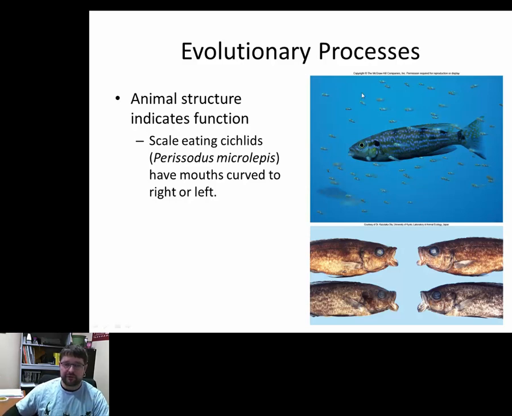Again, the structure, whether you're right-mouthed or left-mouthed, determines what side of the fish you're going to swim next to, and how you're going to approach a fish. It's very simple, and we know genetically this is a single gene that causes the manipulation of their mouth to be either right curved or left curved.